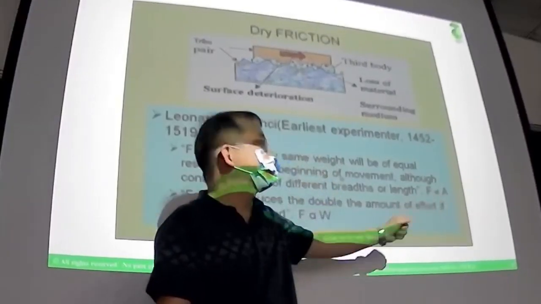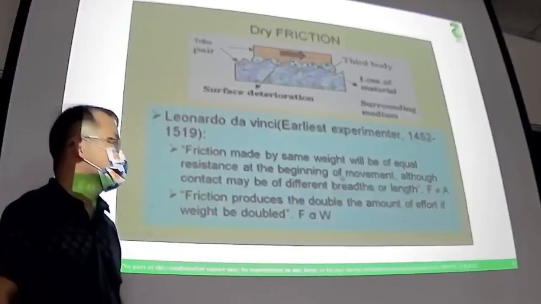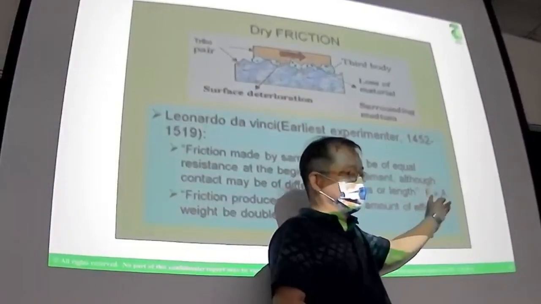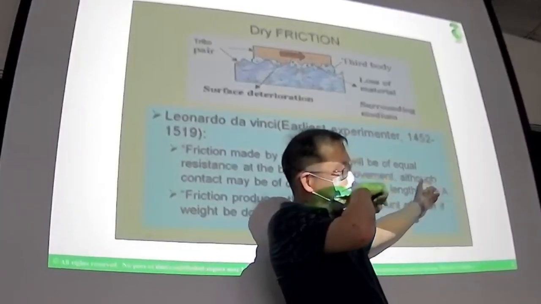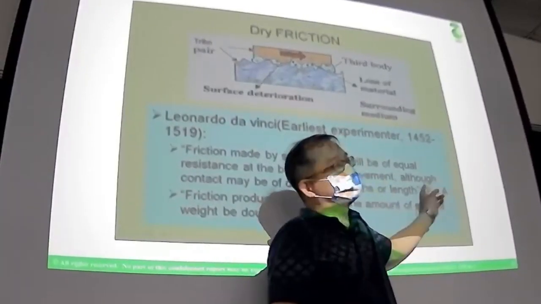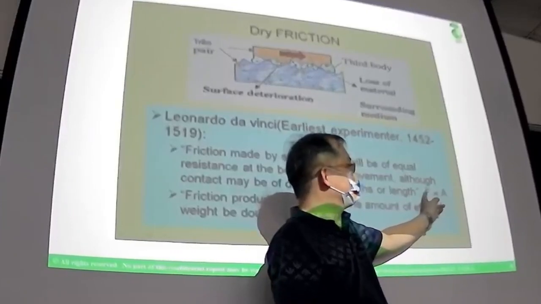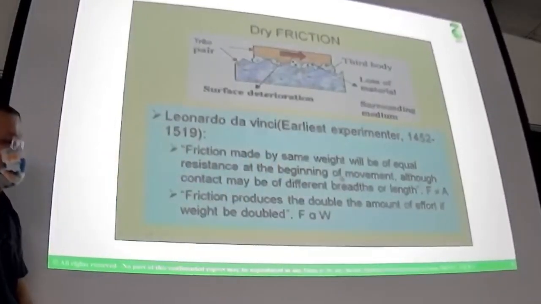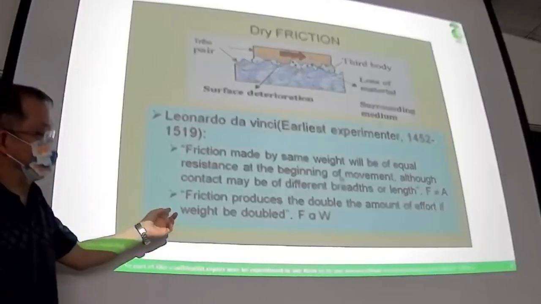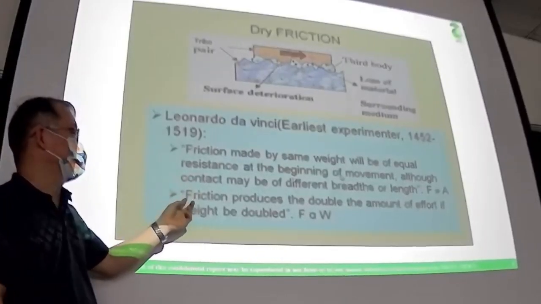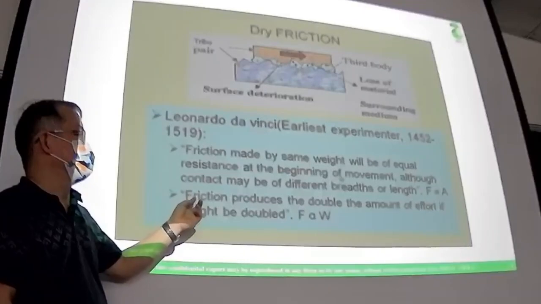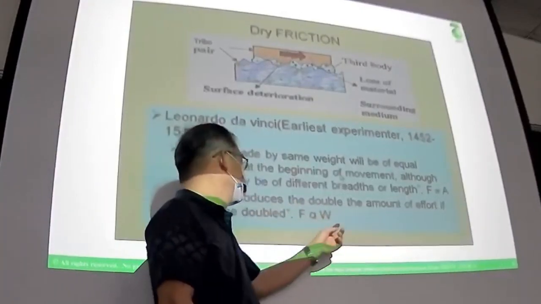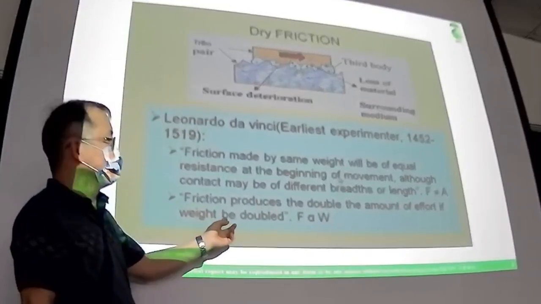Okay, this is the note, the comment we made from the understanding of science. From now on, we give the note here. And the second observation is that the friction produces double the amount of effort if the weight be doubled.